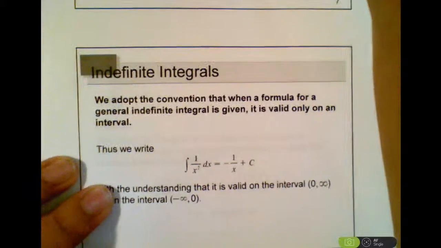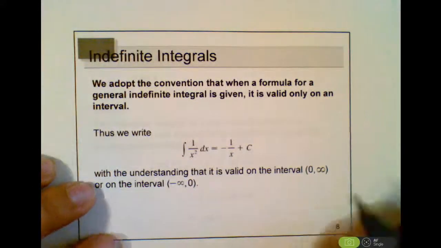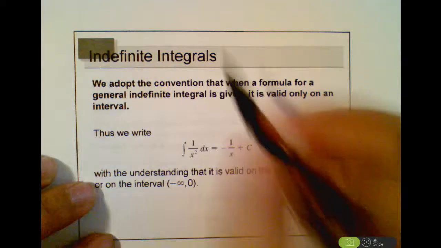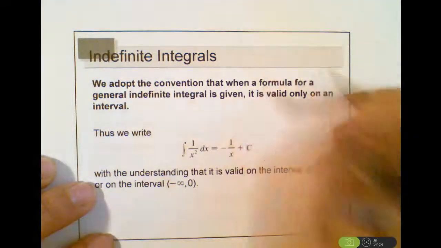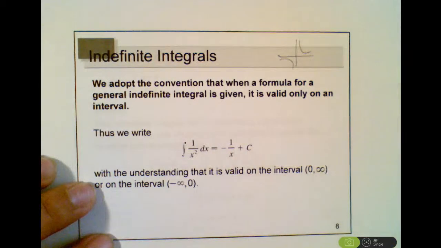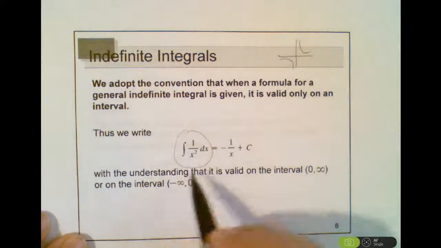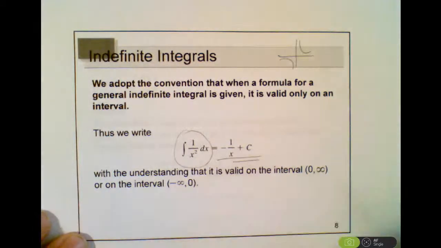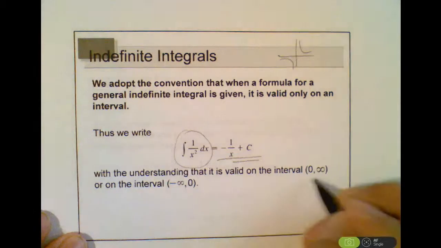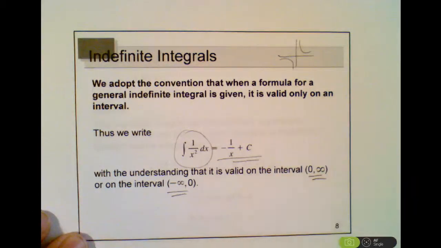Now, just a little note, in functions where we have more than one piece to them, for example, remember y equals 1 over x, it has two pieces. So we have agreed that whenever we're using indefinite integral, then we just find one of the functions and we assume that that is applied to either the interval 0 to infinity or the interval negative infinity to 0.